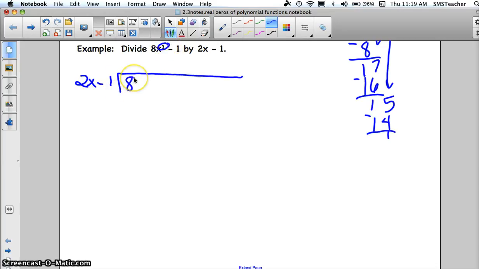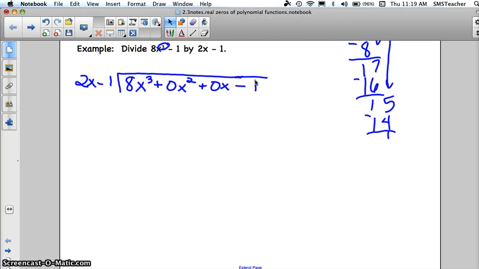So if we begin with 8x cubed, I must have a place marker for x squared, x to the first, x to the 0. There is no x squared term, so my place marker is 0x squared. There is no x to the first term, so my place marker is plus 0x. And then there is an x to the 0 power, which is the constant minus 1.